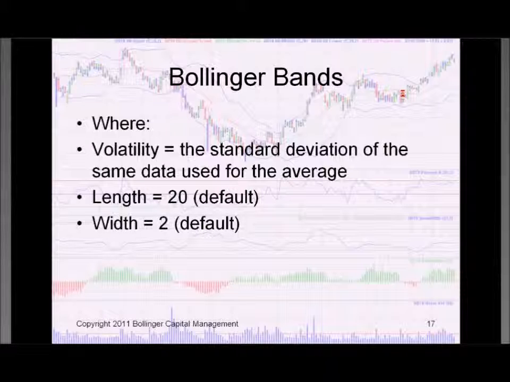I would only say that if you are in fact going to use an exponential moving average, you should use it both for the middle band, that is, changing the middle band from a simple moving average to an exponential moving average, but you should also use it for the calculation of volatility. Inside that calculation of standard deviation, the value of the average that's used there should now be the value of an exponential average.